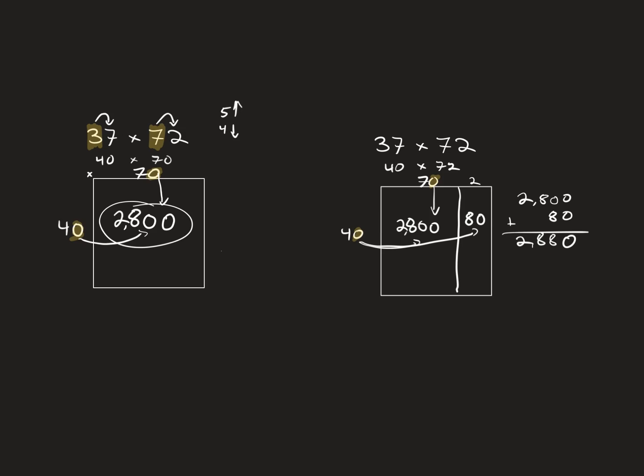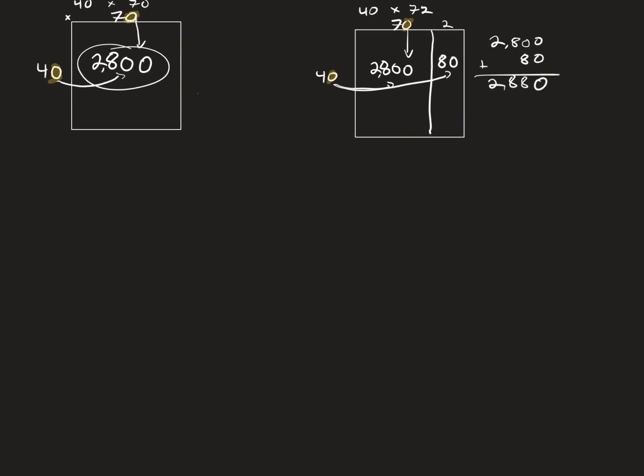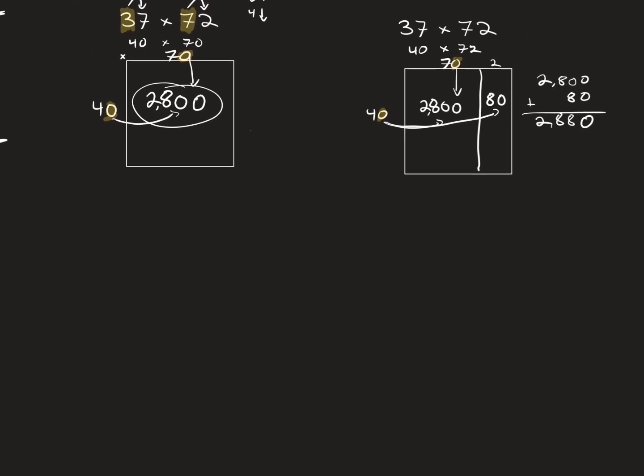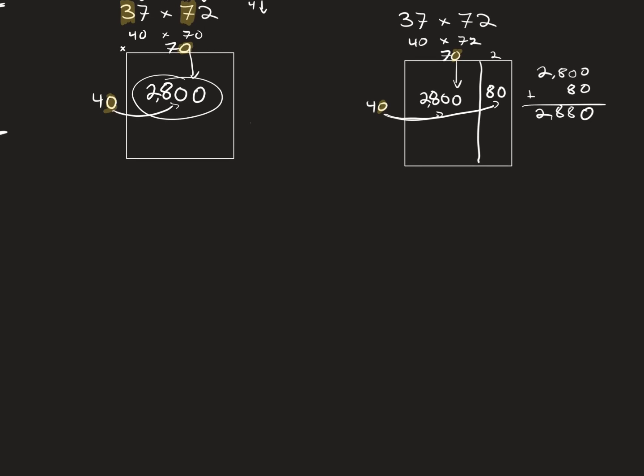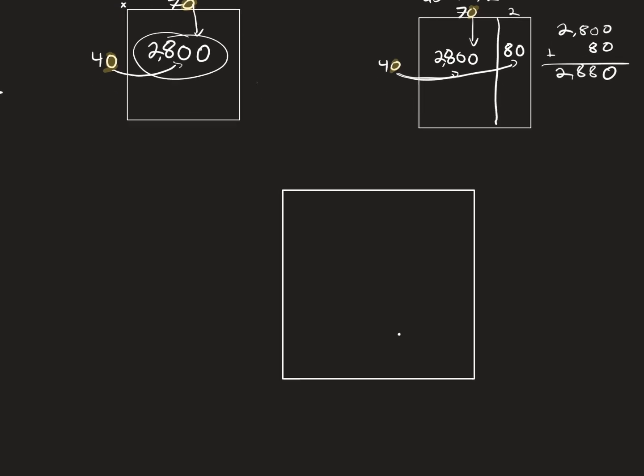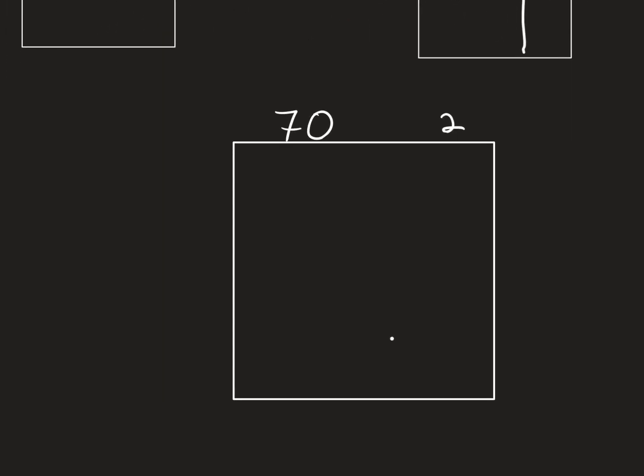Now if we wanted to actually solve this using our partial products, we can. Let me pull this up, make this nice and big. So we have 72 as 70 and 2, and 37 as 30 and 7.